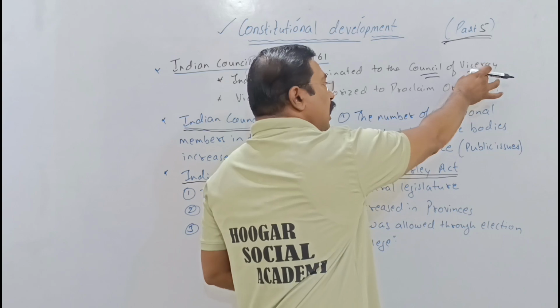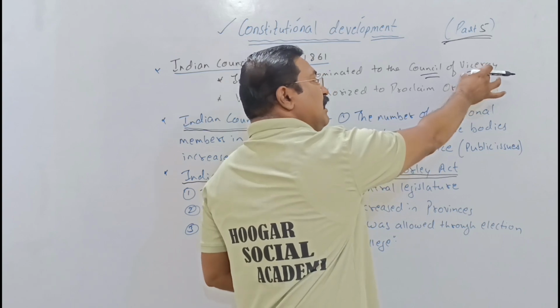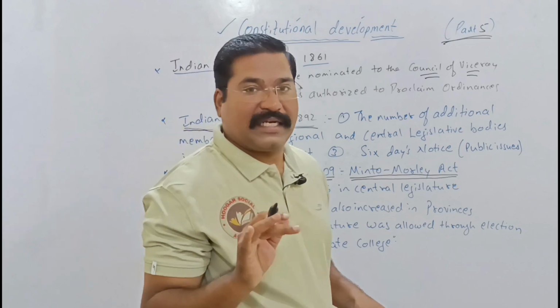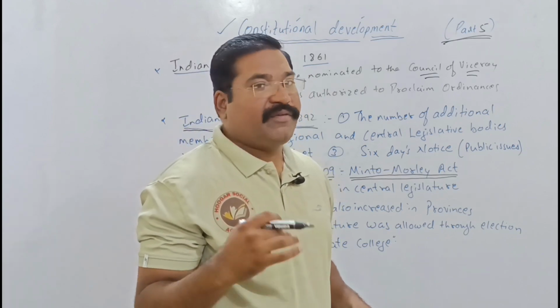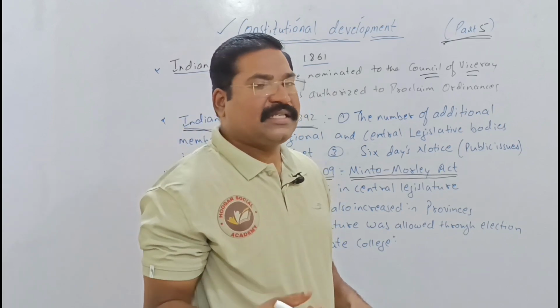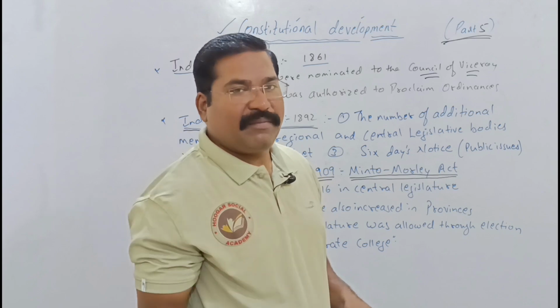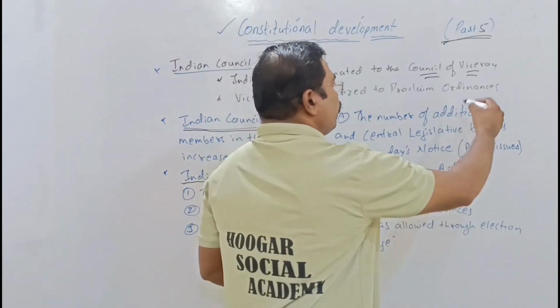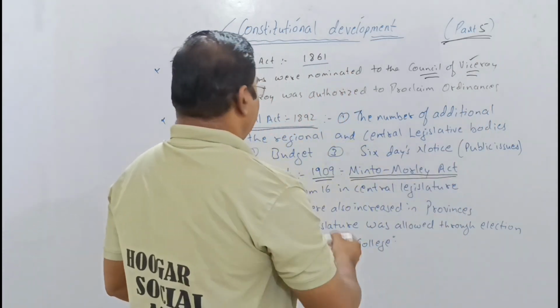Now, in the Council of Viceroy, as team members of the Viceroy, Indians were nominated. They were not elected, they were nominated. When we say nominated, we can understand that they will be there, but all authority is in the hands of the Viceroy.